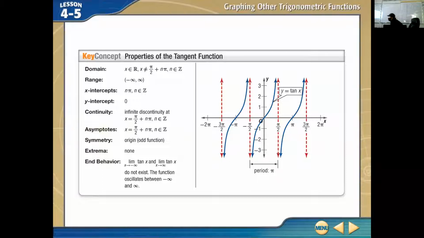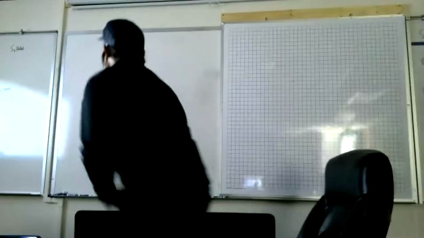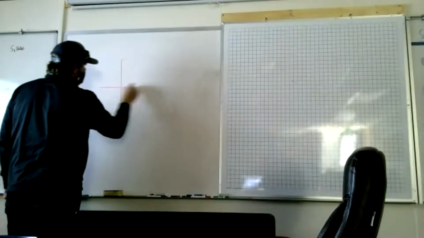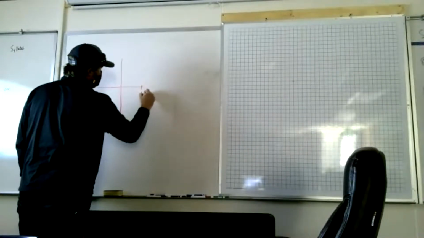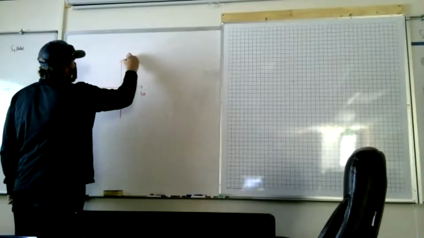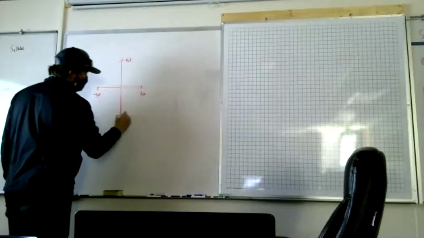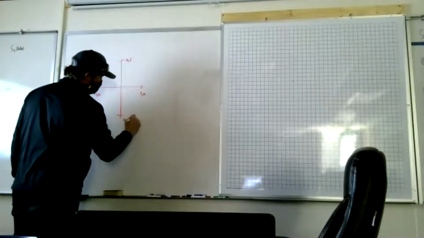Okay, so properties of the tangent function. So as we know, tangent can become undefined. Okay, and before we even really get into that, if we go back to our unit circle here, where we have this point is 1, 0, this point is 0, 1, negative 1, 0, 0, negative 1.